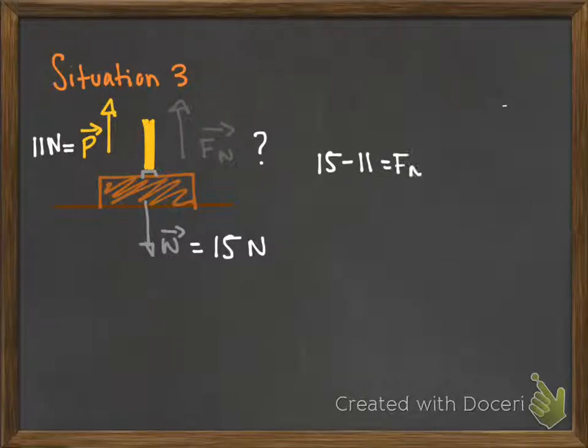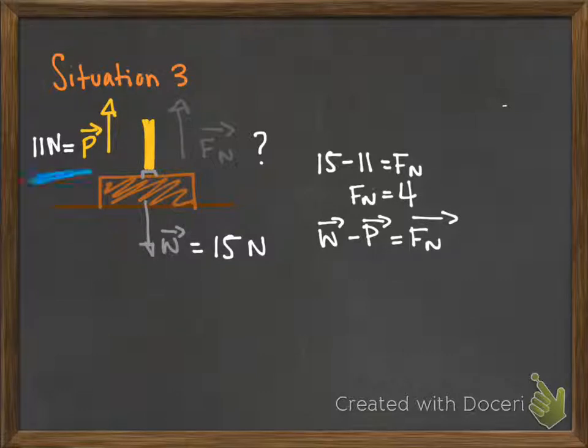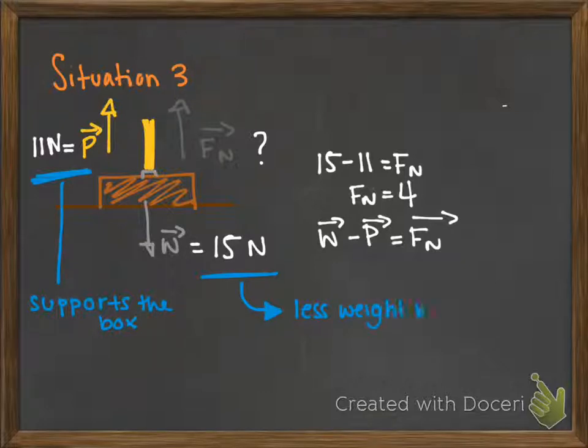To find the normal force, you just subtract them, 15 minus 11, and that will give you 4. Just know that the pulling is supporting the box, and therefore there's less weight being felt on the box. The less weight, the less heavy you feel, let's say.